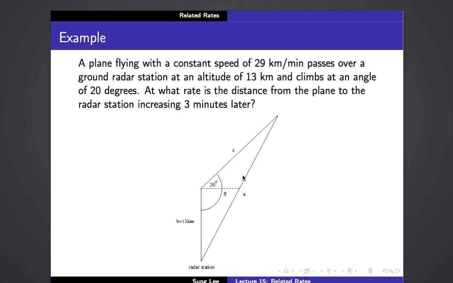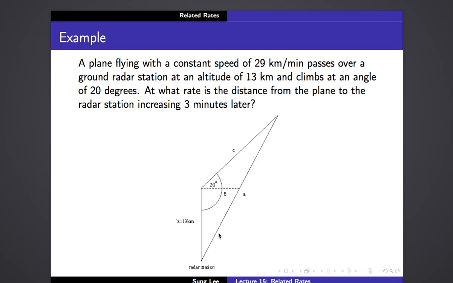So there are also two quantities. C is how far the airplane flies away from the radar station, and A is the distance between the radar station and the plane.